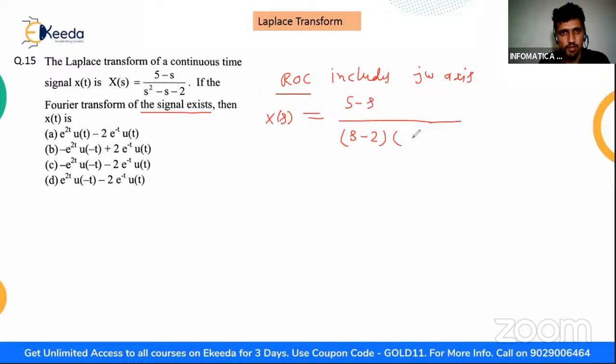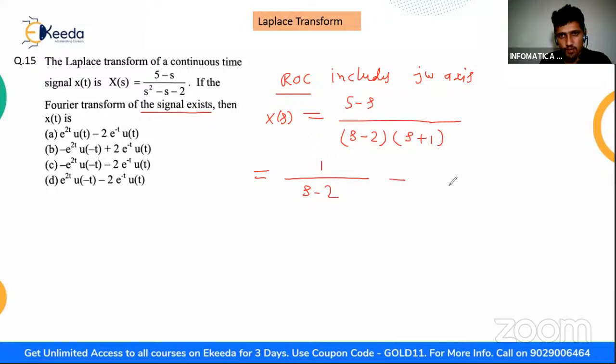So we will take -1 out now. This will be s square minus 2s, then plus s minus s and -2. So we will just find out the coefficient value of the constant. As we put s equals 2, this will become 3 and 3 also. So this will be 1.